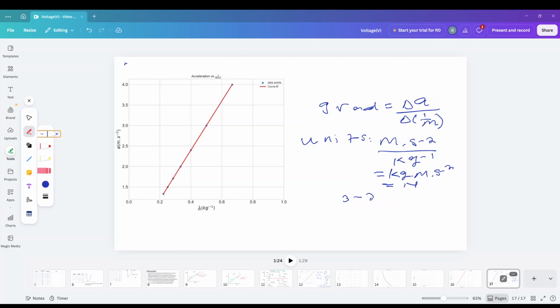So that is 3 minus 2.4, divided by, when the acceleration is 3, the mass is 0.5, and when the acceleration is 2.4, the mass is 0.4, right? And this gives us our gradient.